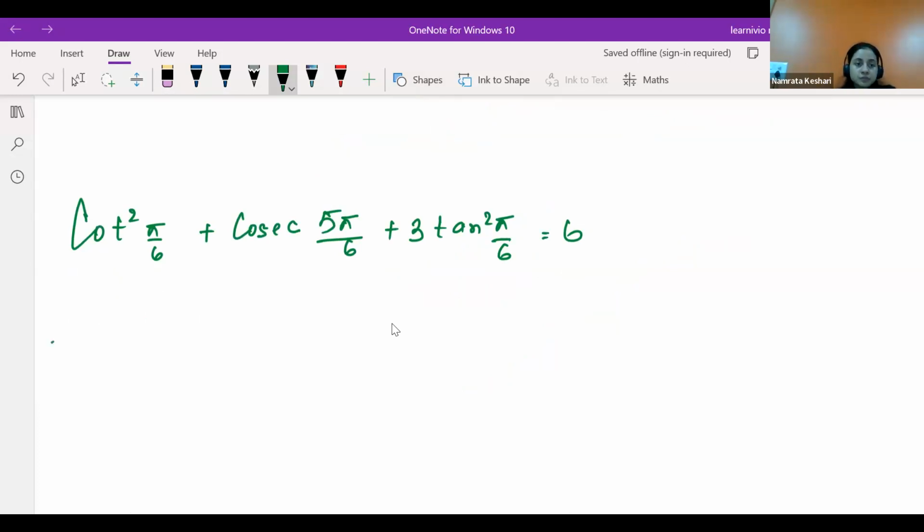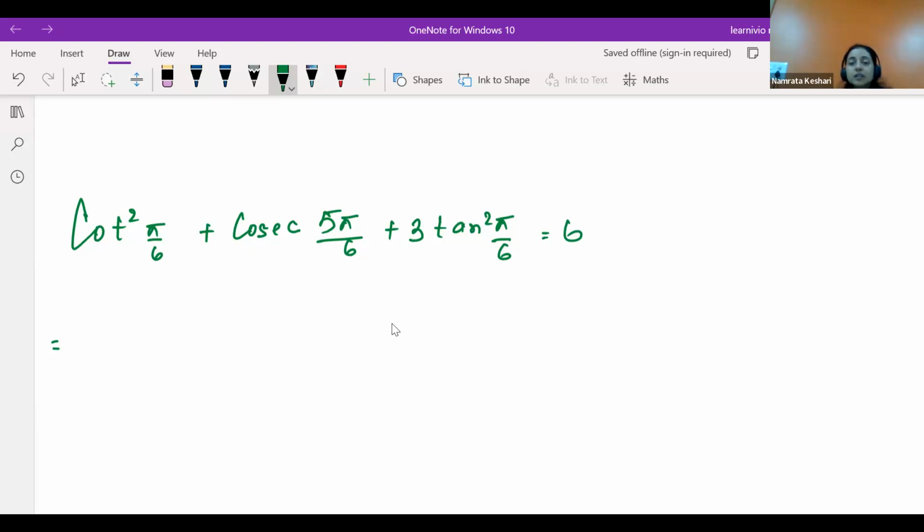Got 30 degree values earlier. Cos 30 is root 3 by 2, sin 30 is 1 by 2.